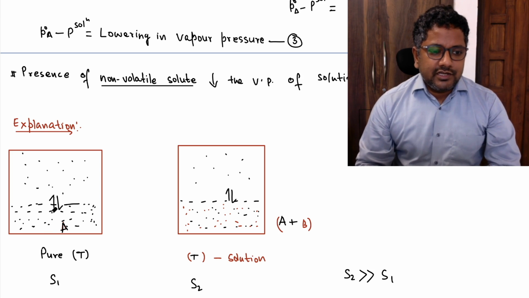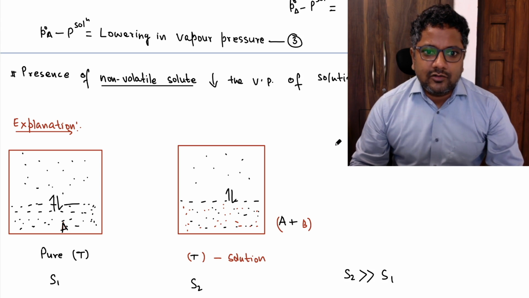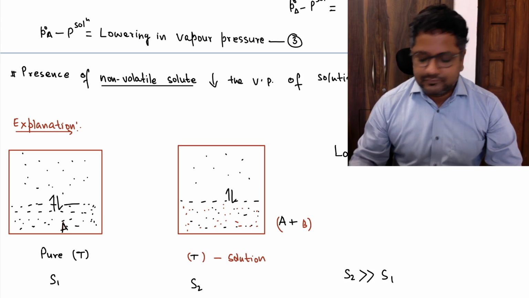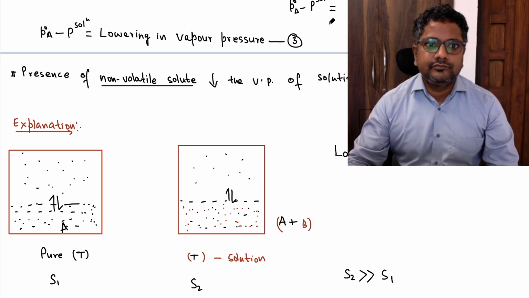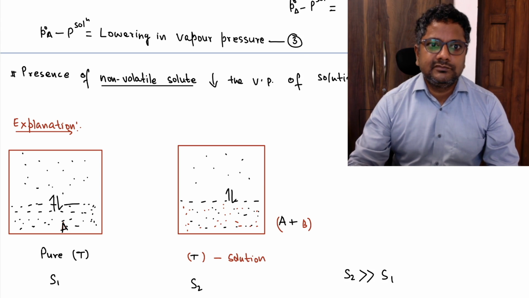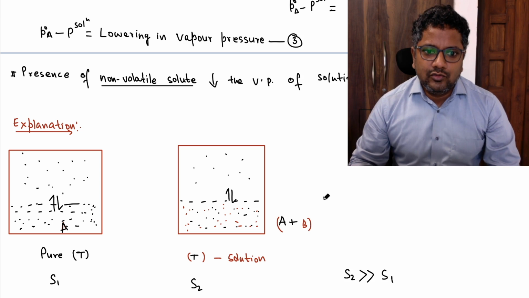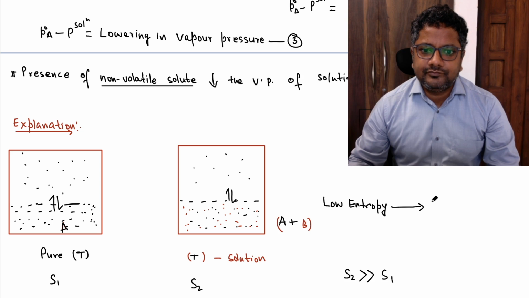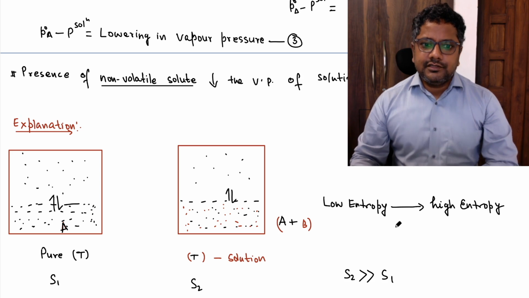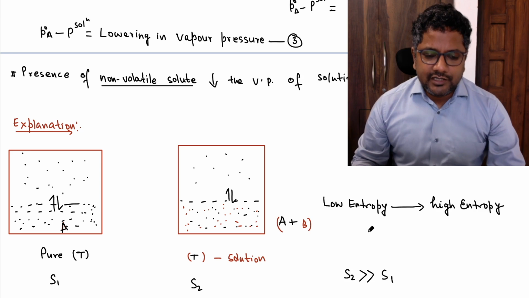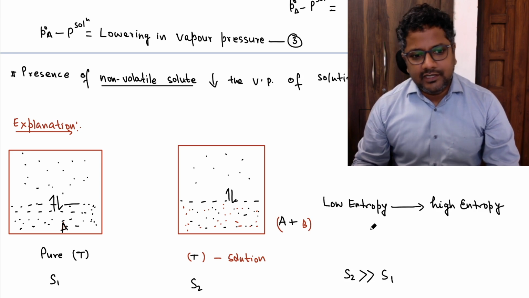The natural direction is from low entropy to high entropy. This is the natural direction of flow of any process.